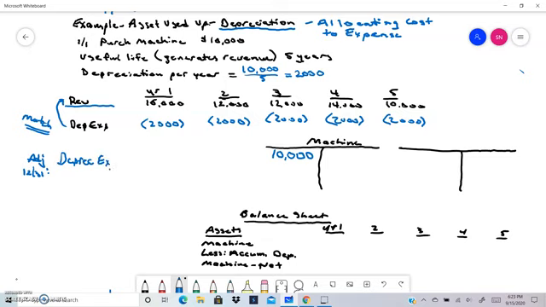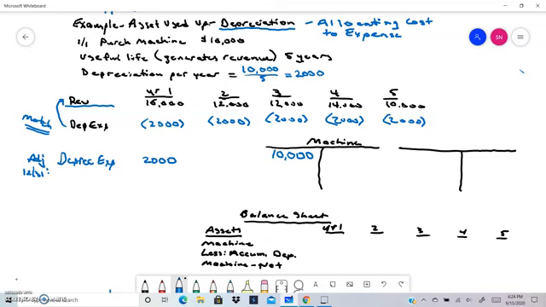And I'm just abbreviating. You can see the full spelling in the textbook. So depreciation expense at the end of this first year would be $2,000. And of course we could credit the machine for $2,000.